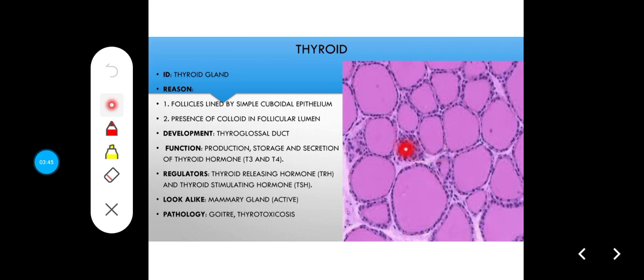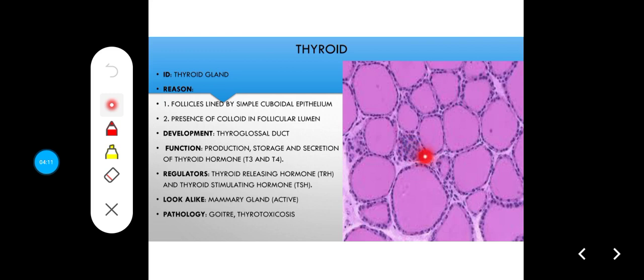Then in between the follicles, you find connective tissue, and also you find parafollicular cells, or the C cells. And these parafollicular cells, which are between the follicles, secrete the hormone called calcitonin.